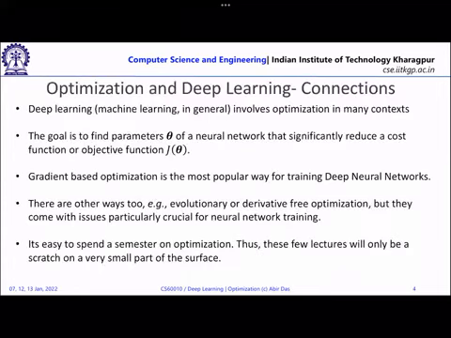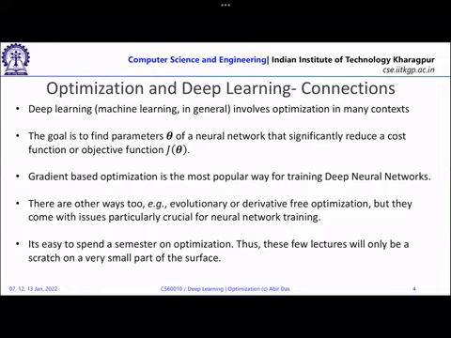Now, we said that we are in a deep learning course, and this topic is about optimization. So let us first see what are some connections between optimization and deep learning. Why do we need to learn a bit of optimization for deep learning? Deep learning or machine learning in general involves optimization in many contexts.